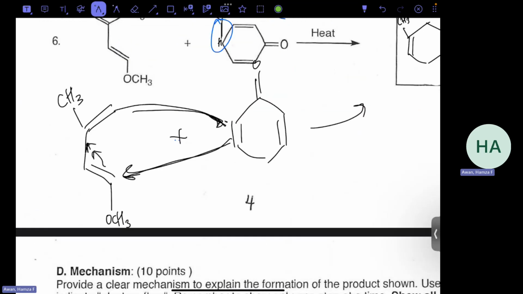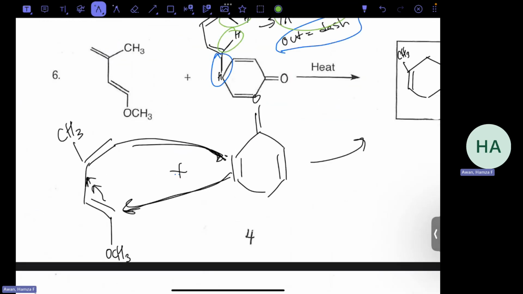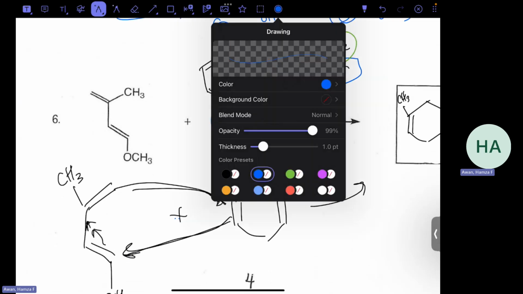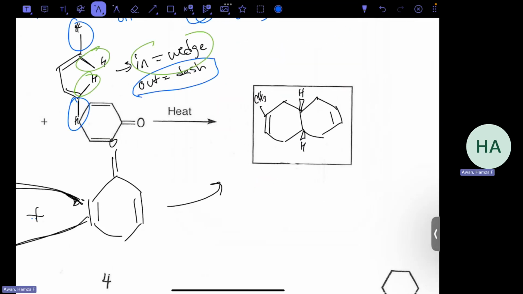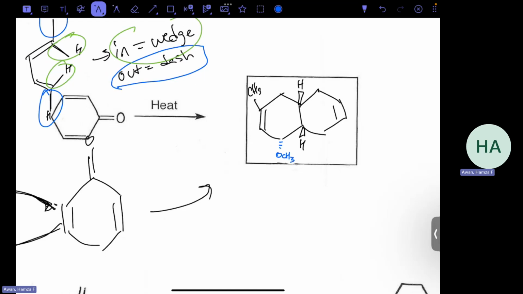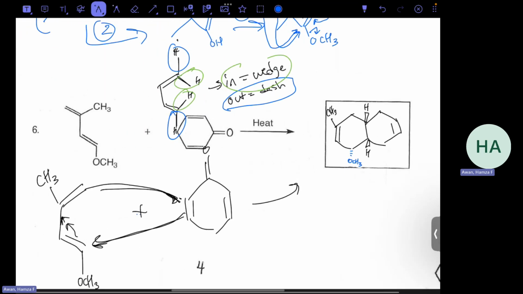So whenever we have this OCH3 that's pointing down and out, it's going to go on a dash, right? So our OCH3 on this one is on this carbon right here. So we're going to put it on a dash, OCH3. And now we have one more rule we have to adhere to.